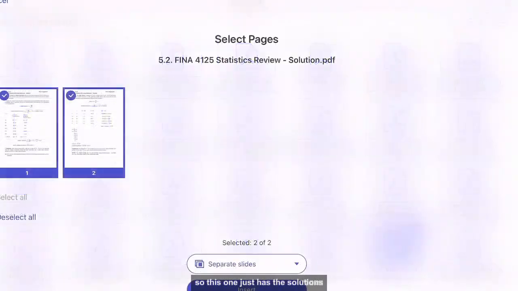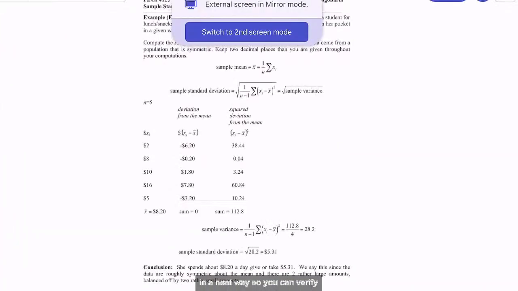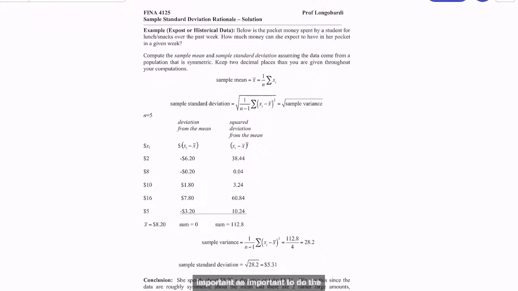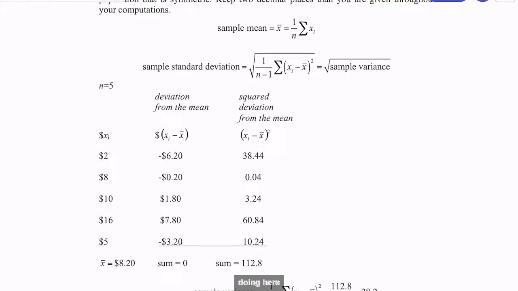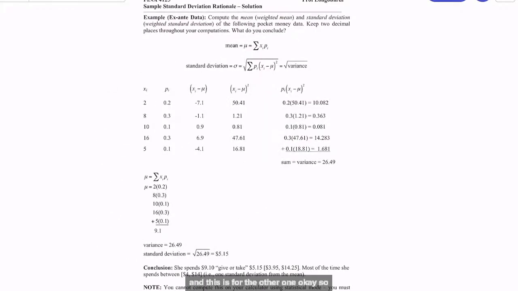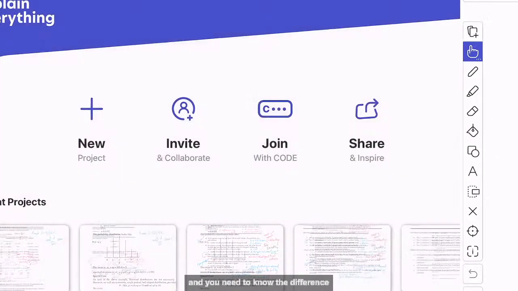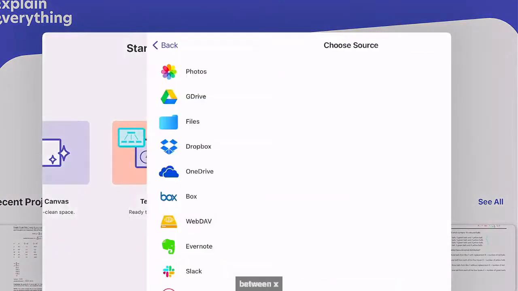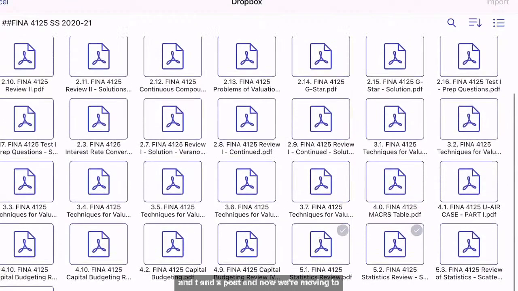So this one just has the solutions written out in a neat way so you can verify what I did in the video. So it's not as important to do the calculation as to understand what I'm doing here. And this is for the other one. Okay, so you have those solutions. And you need to know the difference between ex ante and ex post.